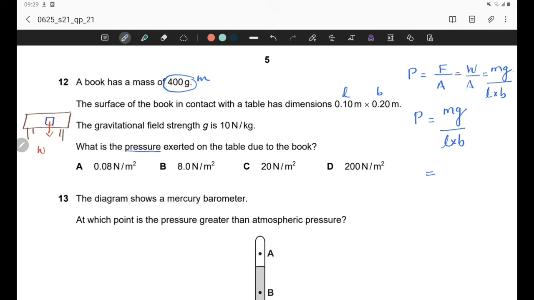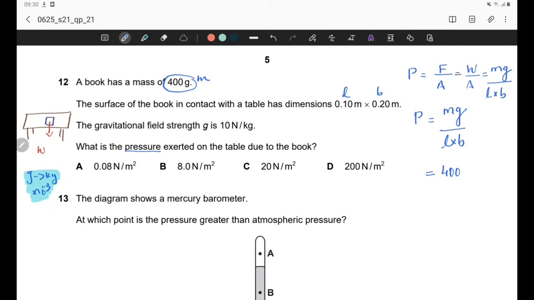Mass of the book is given, that is 400 gram. So we need to convert gram into kilogram by multiplying with 10 to the power minus 3. This conversion is very important because the mass is given in gram, but when we substitute in an equation, we should change the unit into the standard unit, and the standard unit of mass is kilogram. So in order to convert gram to kilogram, we need to multiply with 10 to the power minus 3.